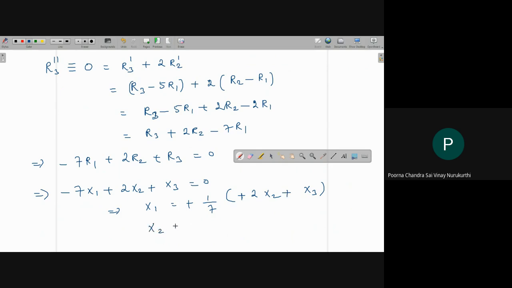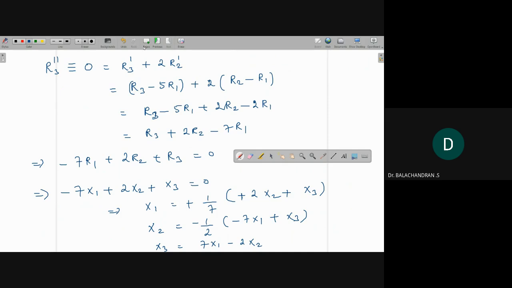X2 is equal to minus 1 by 2 into minus 7x1 plus x3. What is x3? x3 equals 7x1 minus 2x2.